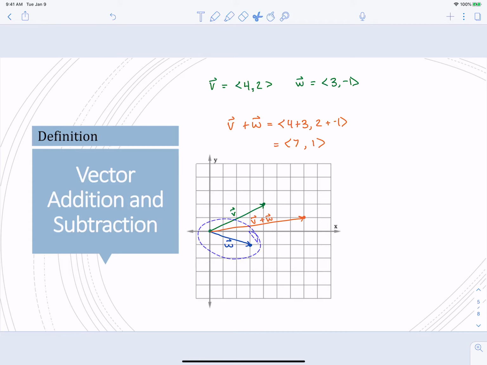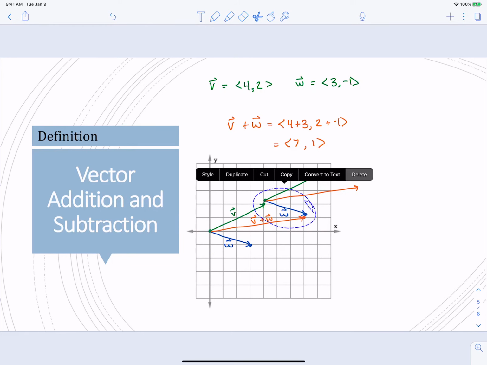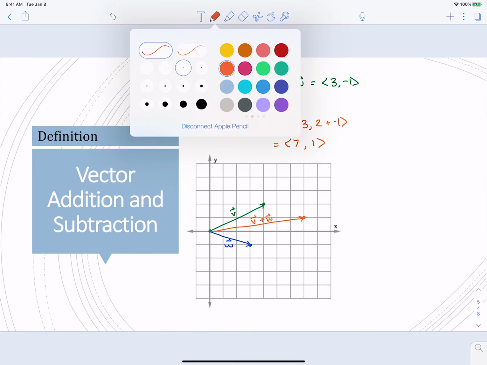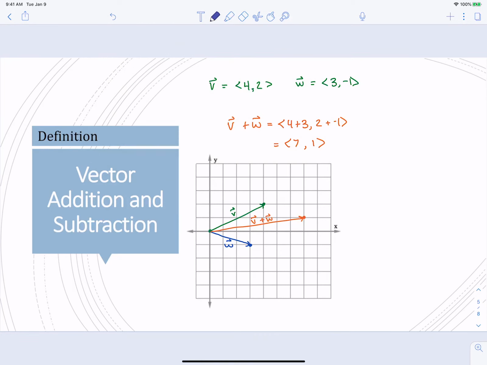Something you can notice is that if we take vector w and copy it and paste it on there, whoa, that took the whole thing. I wanted to see if my pen is smart enough to just duplicate that little guy. Not so much. Okay, that's all right. We can draw it again in blue here.